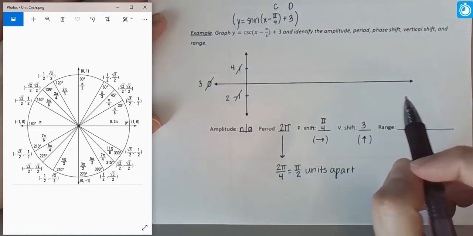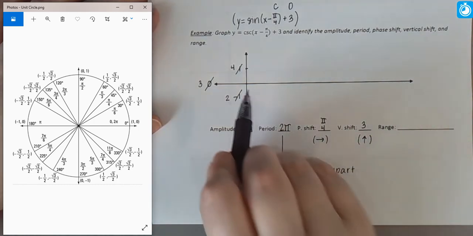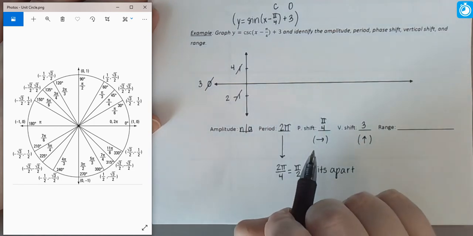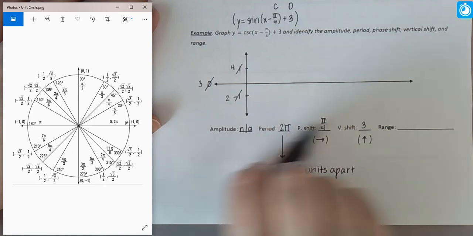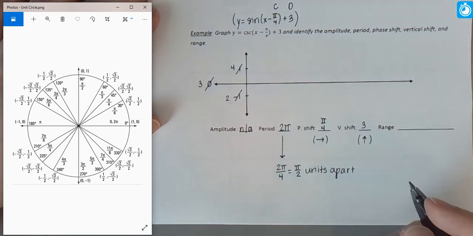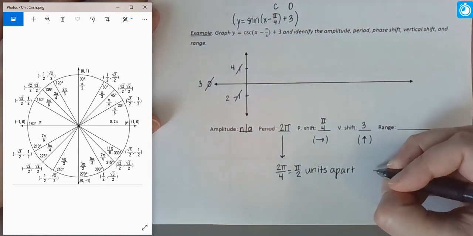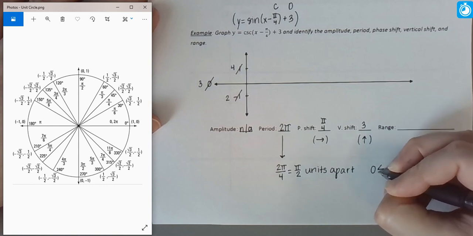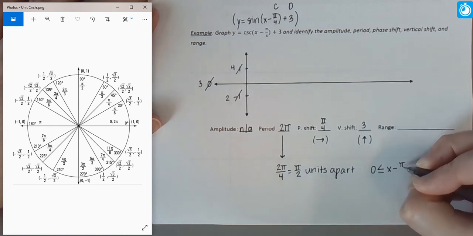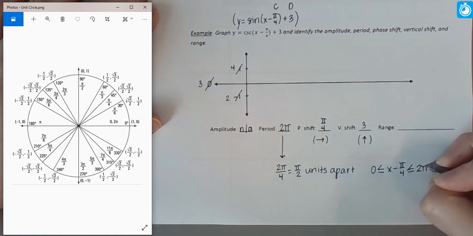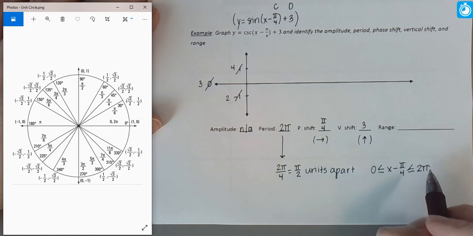But the question is, where does our graph start? What's the cycle going to be over which we graph? Well, we're shifting everything pi over 4 units to the right. So what's the impact on our standard cycle from 0 to 2 pi? Well, let's see what it's going to be. So 0 is less than or equal to our input, which is also less than or equal to 2 pi, standard cycle.